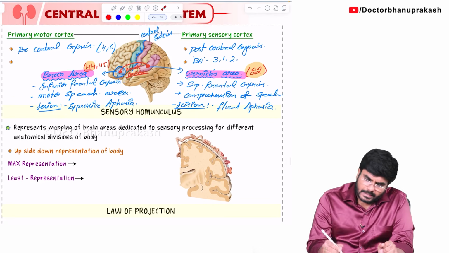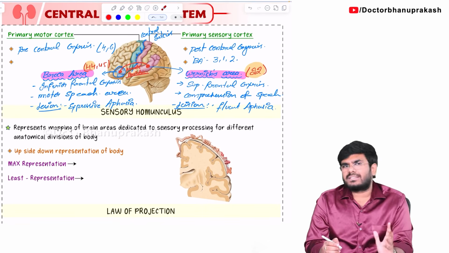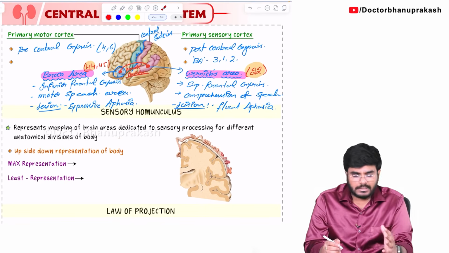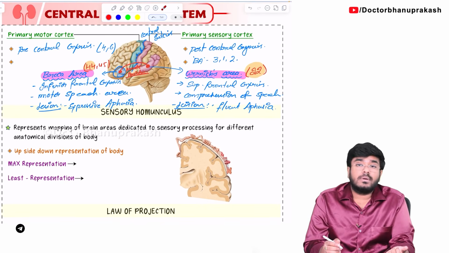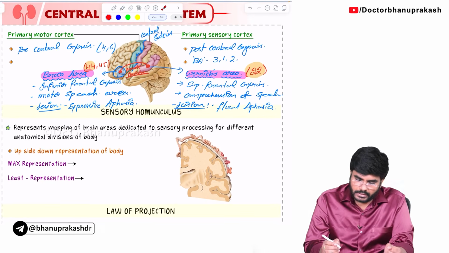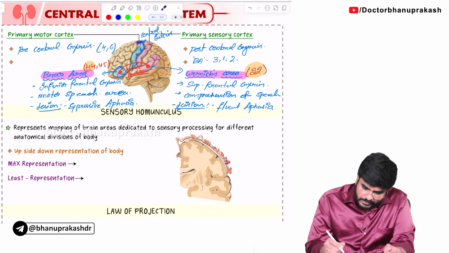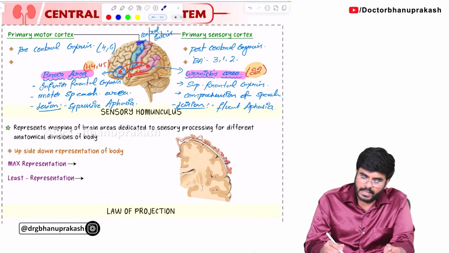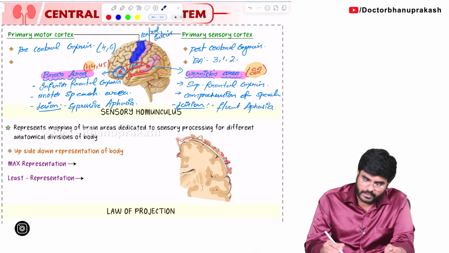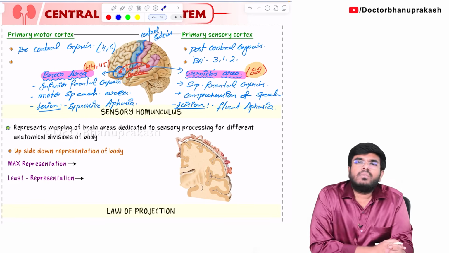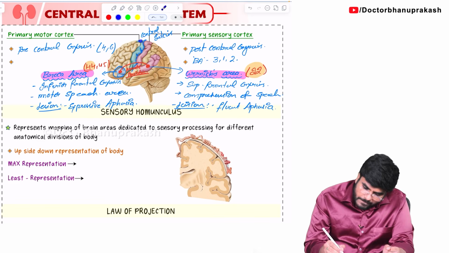Next, guys, let's say today, because of some vascular injury, some thrombus or embolism in the cerebral circulation, this part of your brain is getting infarcted. Let's say this is the place where there is infarction today. So now tell me, what will happen? You know, this is the motor cortex.